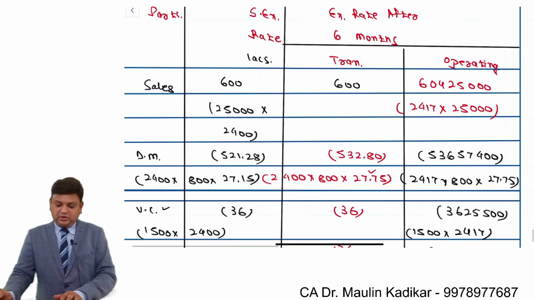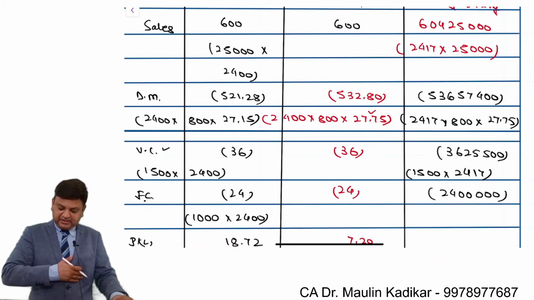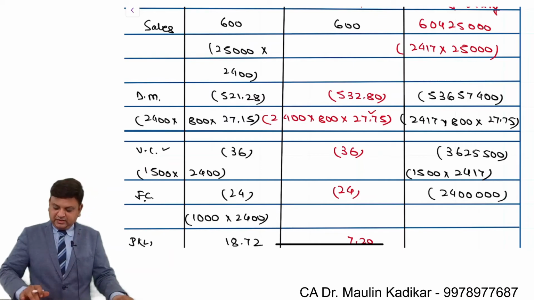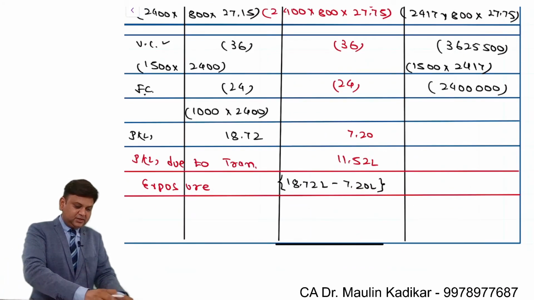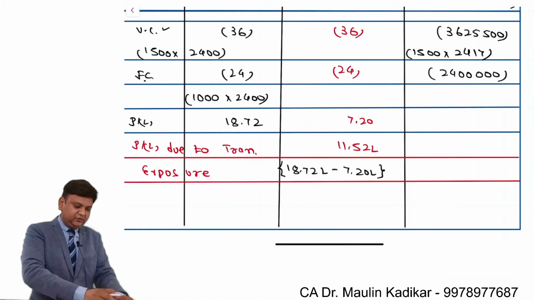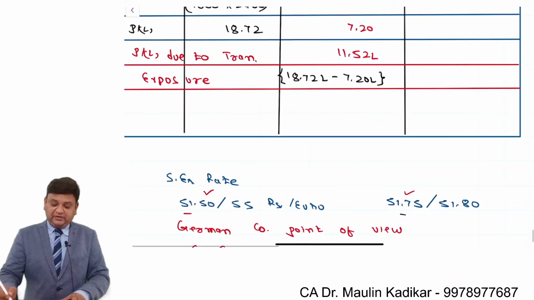And then the profit or loss will be found. 6 crore 4 lakh 25,000 minus 5 crore 36 lakhs 57,400 minus 36 lakhs 25,500 minus 24 lakhs. So there is a profit of 7 lakh 42,400.